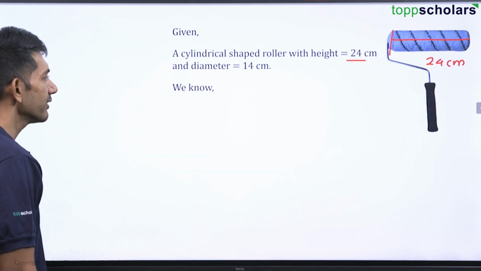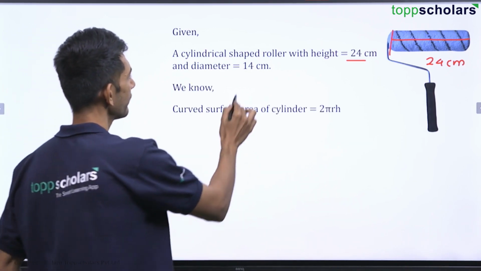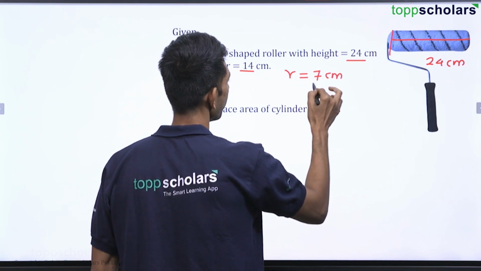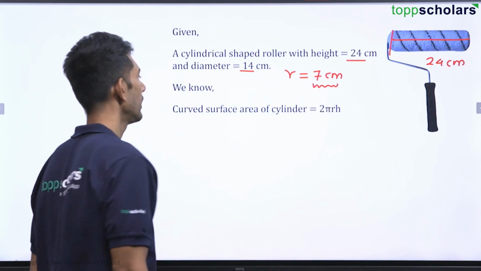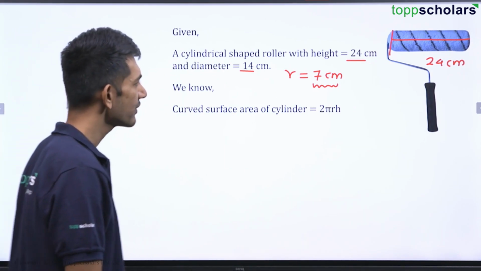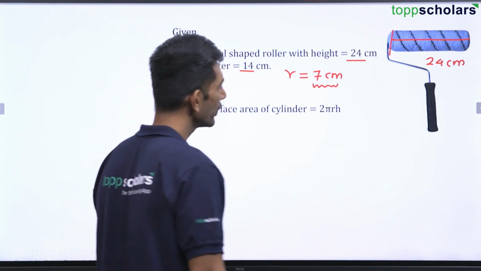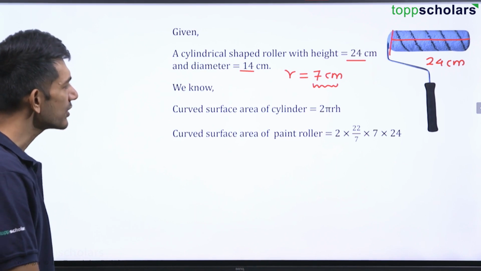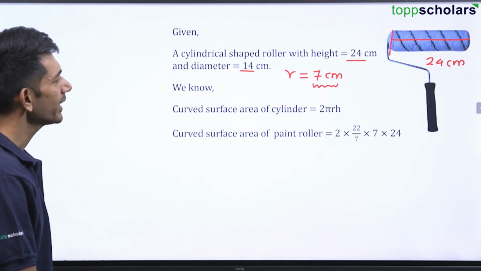We can find out the radius. Radius will be 14 divided by 2. That is 7 centimeter. Now can I find out the curved surface area? The curved surface area of the cylinder is given by 2 pi RH. That is 2 into 22 by 7 into R, the radius, 7 into H, H is 24.